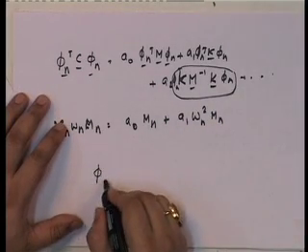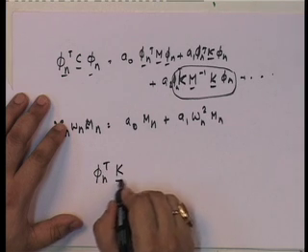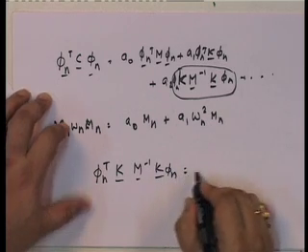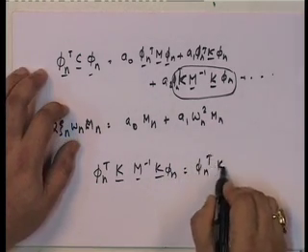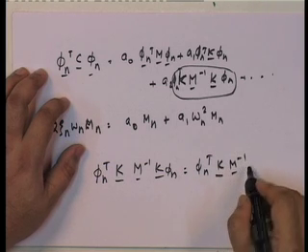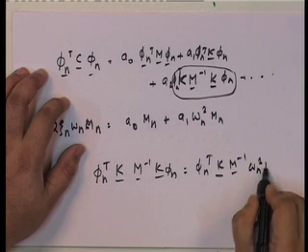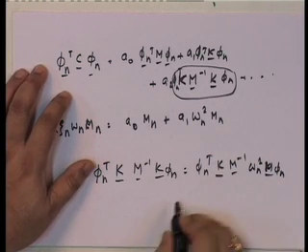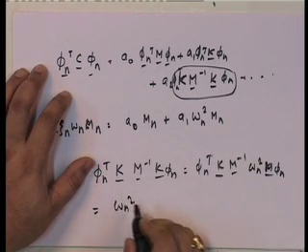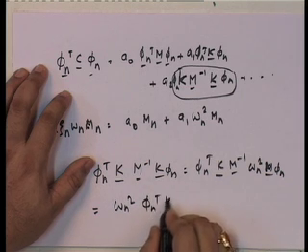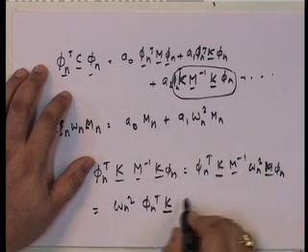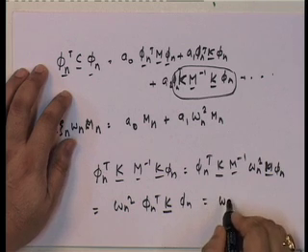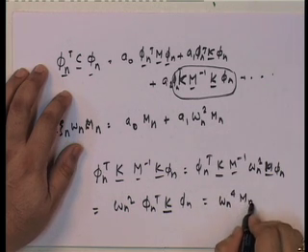Now, if I look at this, phi n transpose k m inverse k phi n is equal to phi n transpose k m inverse into omega n squared m phi n. So, if I put omega n squared outside, what do I get? phi n transpose k, m into m inverse is this. So, this is equal to omega n fourth m n.